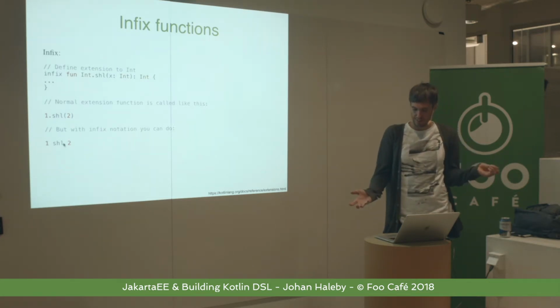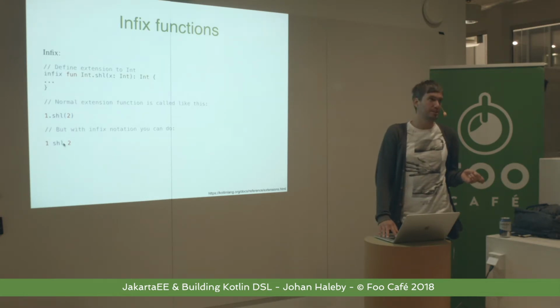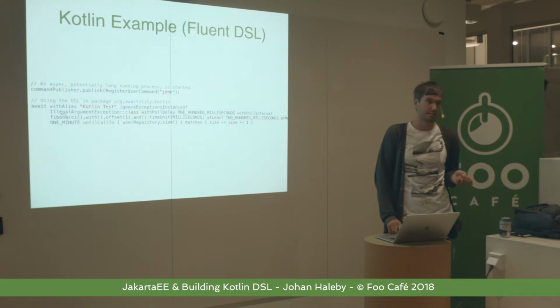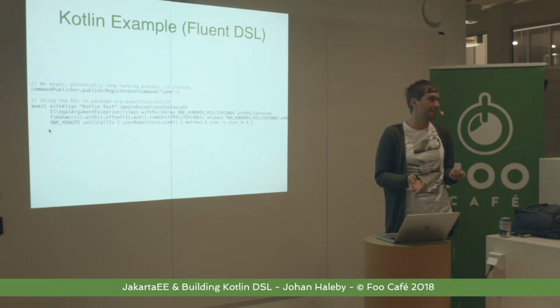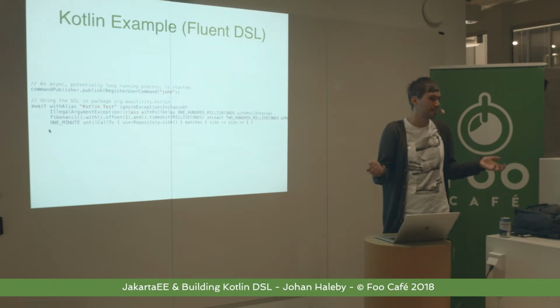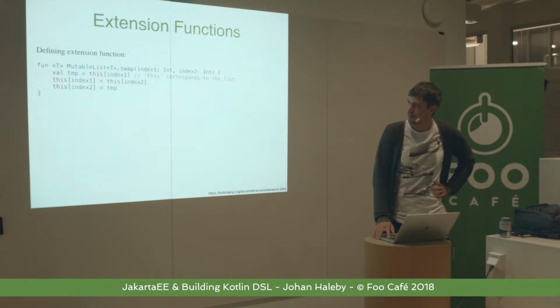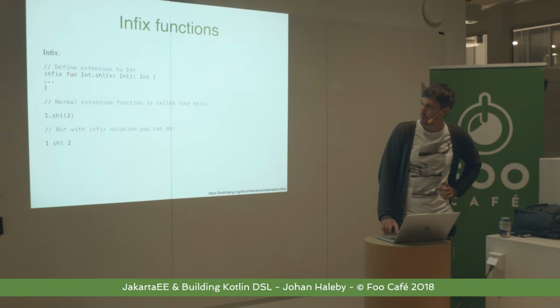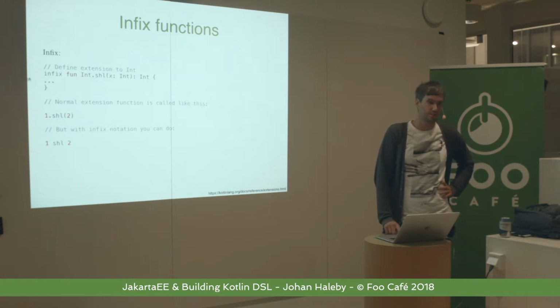And that's essentially what you need to create something like this. At least if you have an existing Java API that you want to make a little bit nicer, arguably, then these are the two things that you need. You need extension functions, and you need infix functions.